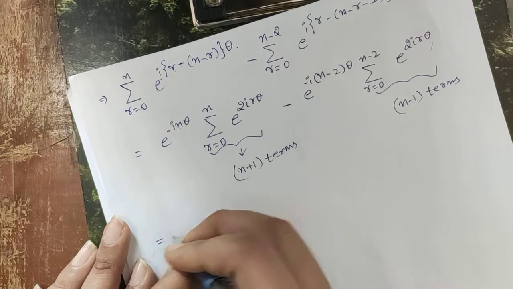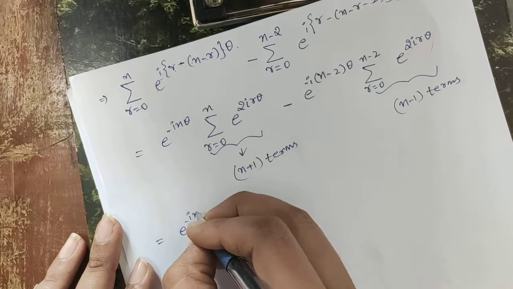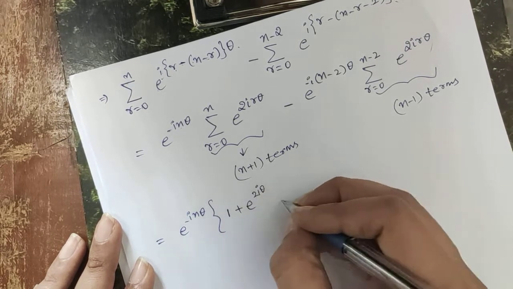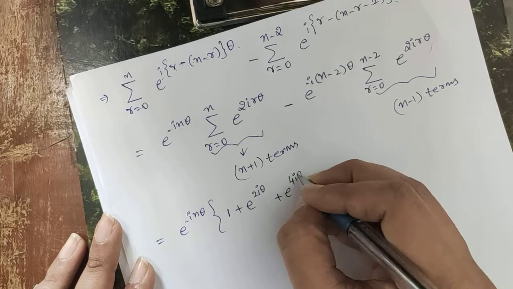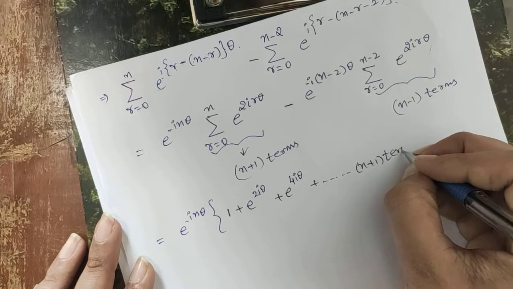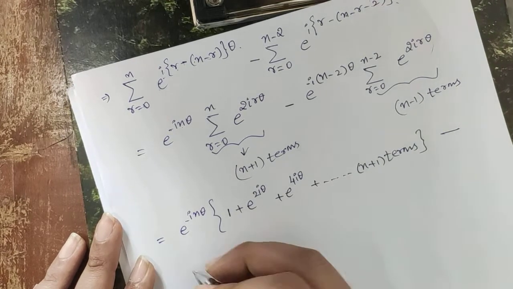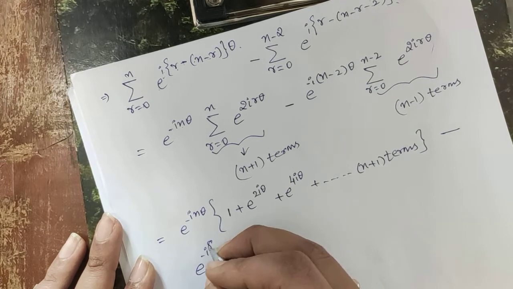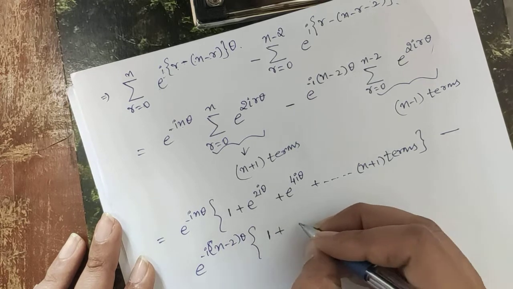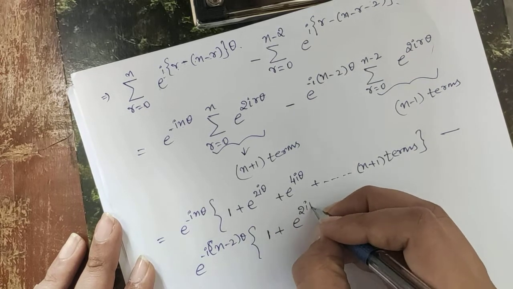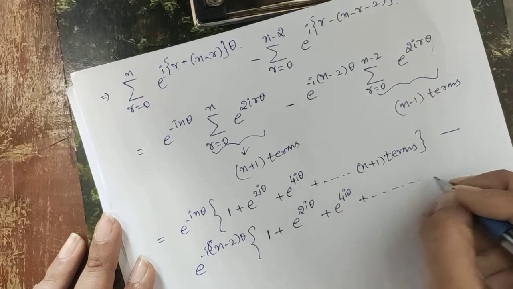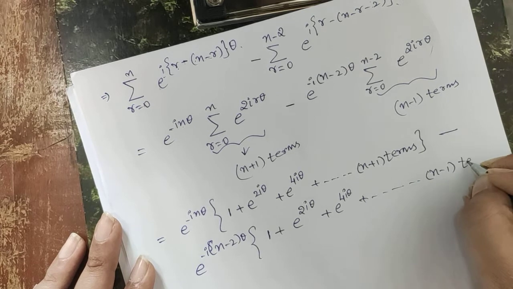Okay, so this is equal to e power minus i n theta into 1 plus e power 2 i theta plus e power 4 i theta plus so on up to n plus 1 terms, minus e power minus i(n minus 2) theta into 1 plus e power 2 i theta plus e power 4 i theta plus so on up to n minus 1 terms.